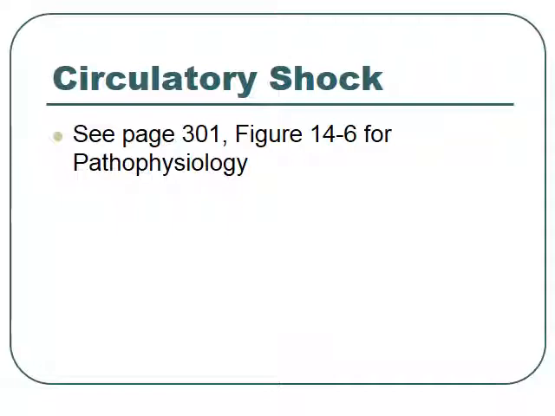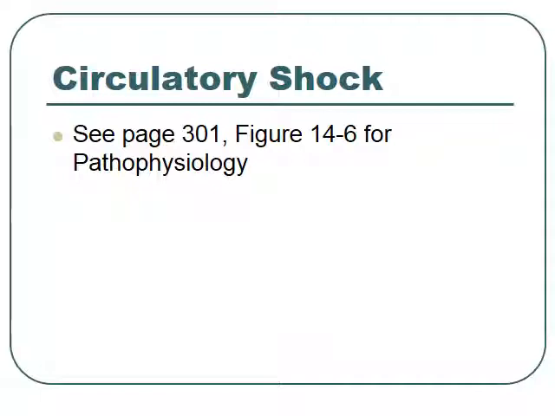This page is correct. It is page 301, figure 14-6, and that's the pathophysiology of circulatory shock. Again, don't memorize. Understand why this would occur. And what happens is you have a precipitating event, some process that causes the vasodilation. That vasodilation causes an activation in our inflammatory system, or an inflammatory response.